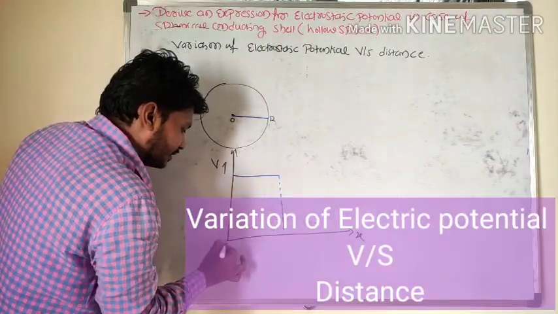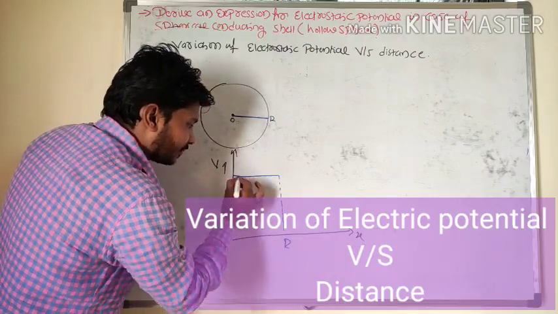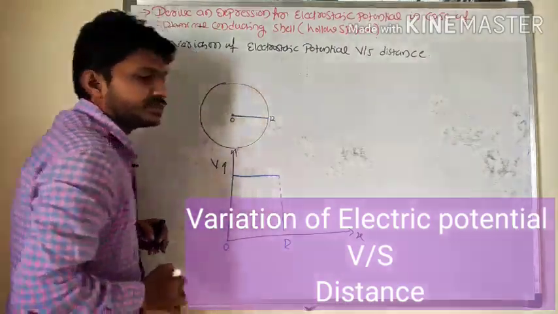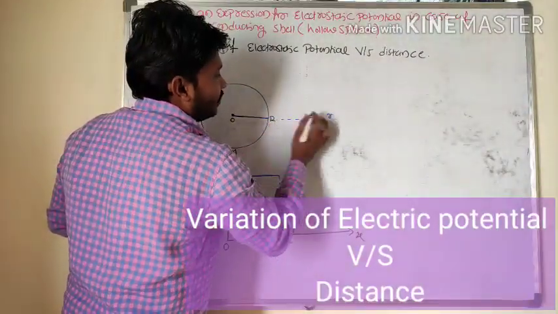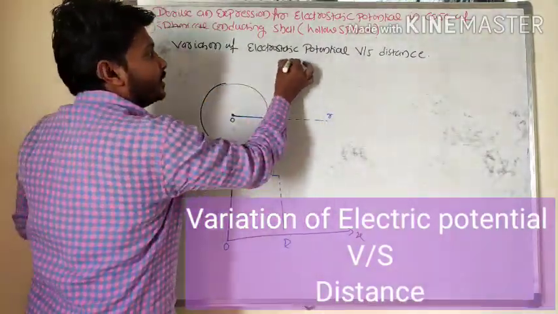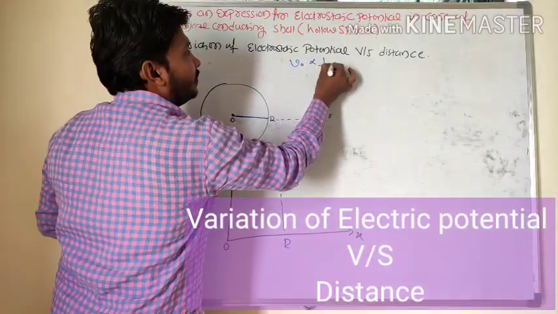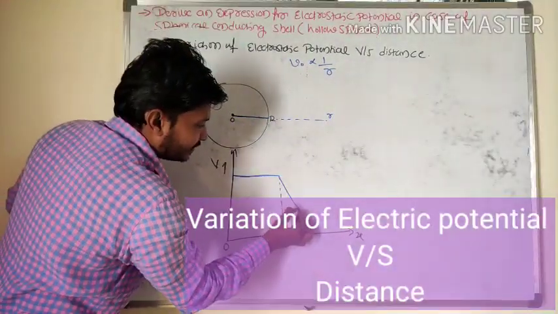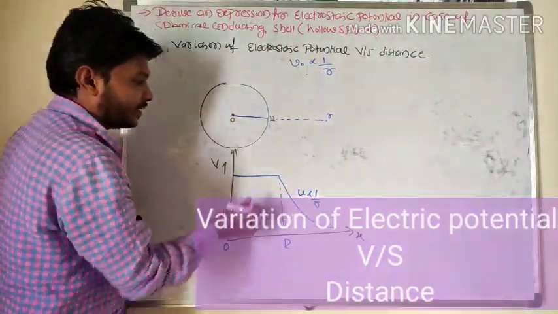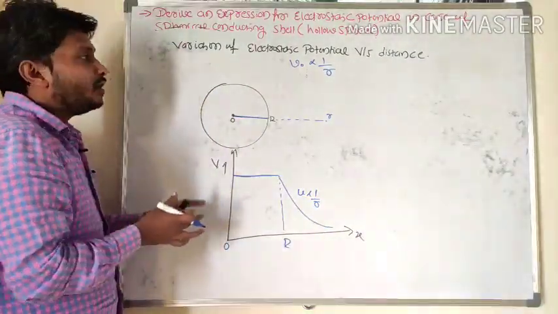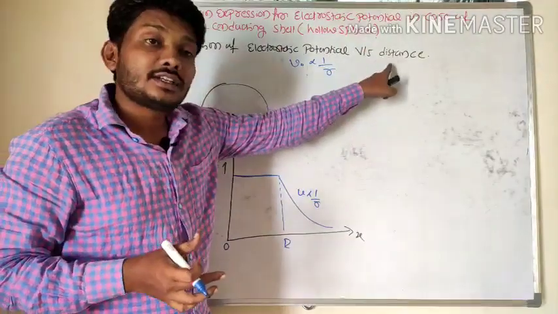So from center to the surface potential value remains the same. As I choose the point of observation outside the sphere, the potential value goes on decreasing. So this is the nature of the graph. V is inversely proportional to R. So this is the nature of the graph of electrostatic potential versus distance.